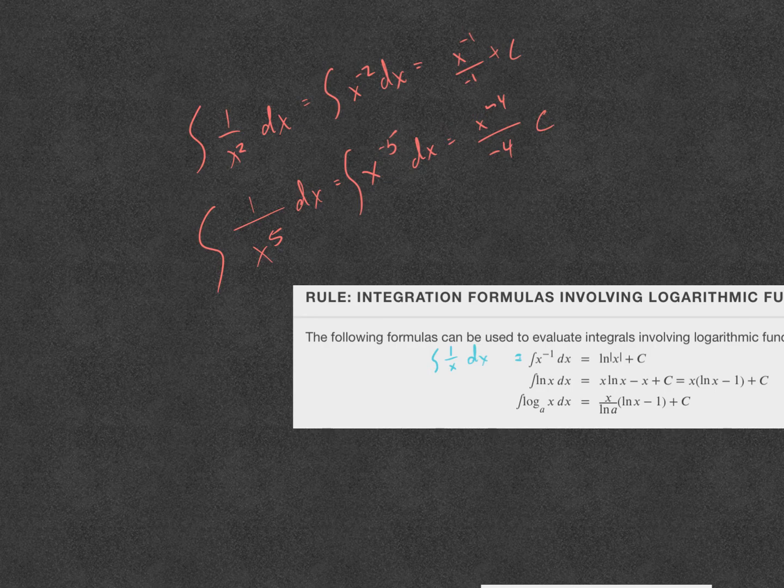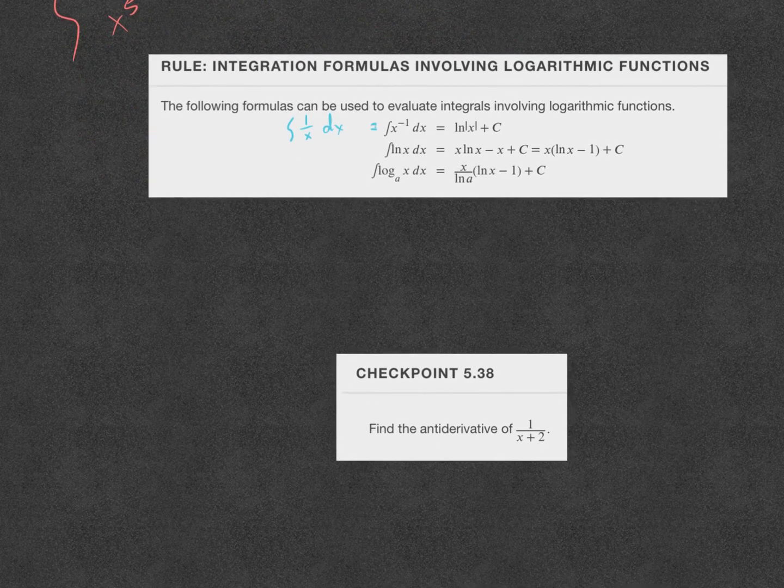But if you try that with 1 over x, you run into issues because 1 over x is special. It is the natural log when you take the antiderivative. So if I use the power rule on this, the integral of 1 over x dx is the integral of x to the negative 1 dx. If you add 1 to your exponent and divide by your new exponent, oops, it shouldn't be an integral anymore, excuse me.